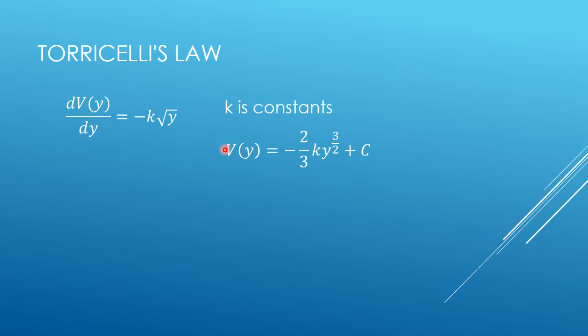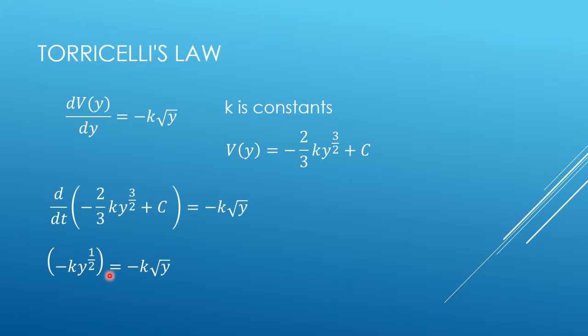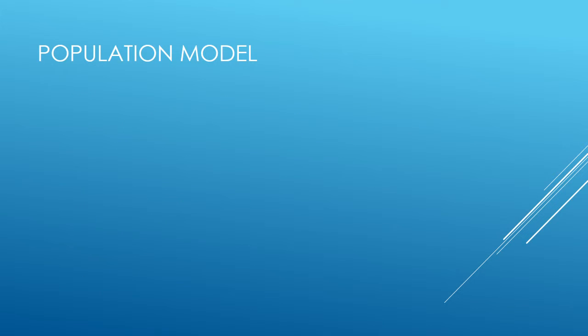And I'm going to claim that this V of y here describes the solution to the system, where this C is a constant. And so what I'm going to do is take that and plug it back into here, because that's what V is right there. And then I'm going to take its derivative, and I get this. Well, y to the 1/2 power is the same thing as the square root. So the left-hand side is equal to the right-hand side, and this V of y is the solution to Torricelli's law. If it wasn't, then that would not be a solution to Torricelli's law.